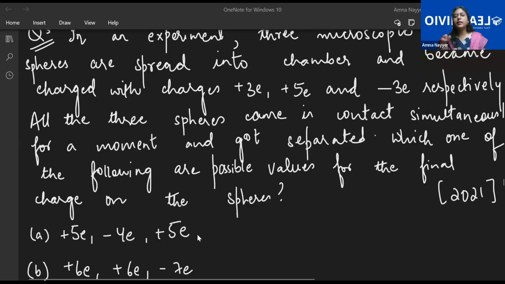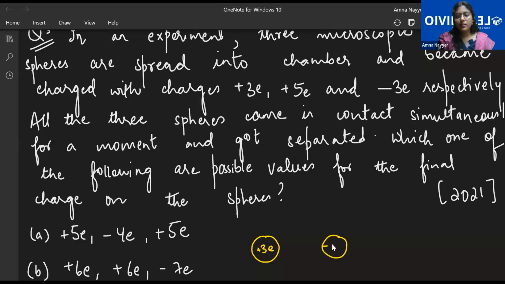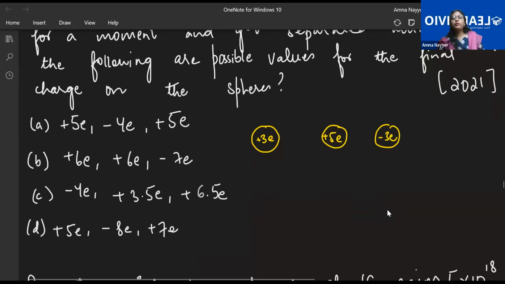Basically what it is saying, initial lines were that 3 spheres are present. One is +3e, one is +5e, one is -3e. They come in contact for a moment, they get separated. And it is asking now, once they came in contact, now they are separated.